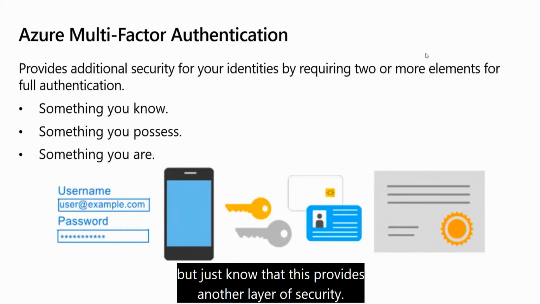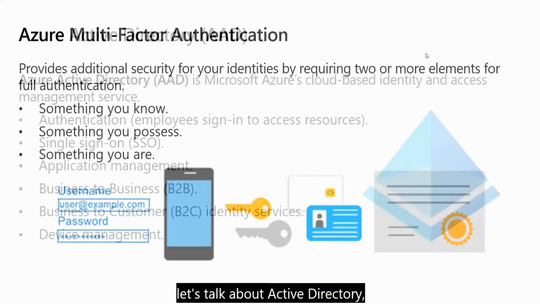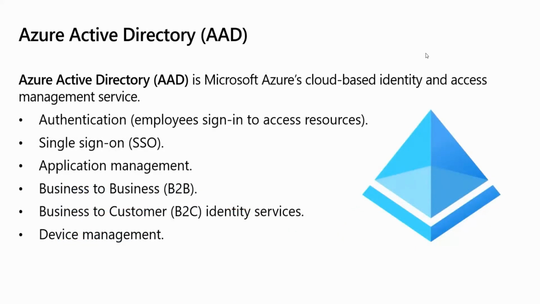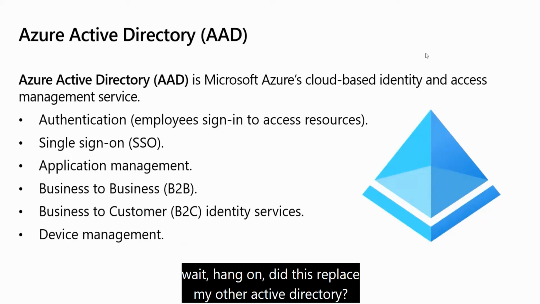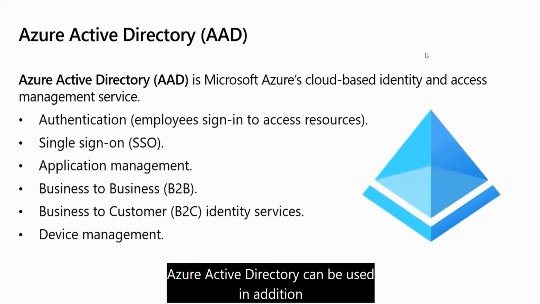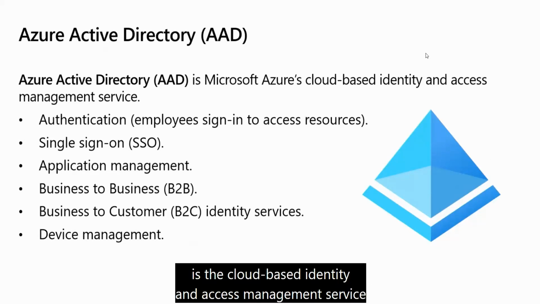So now that we have the foundations of identity services, let's talk about Active Directory, or specifically Azure Active Directory. And you might be pausing, going, wait, hang on, did this replace my other Active Directory? And it did not. Azure Active Directory can be used in addition to your regular Active Directory. Now, Azure Active Directory is the cloud-based identity and access management service.